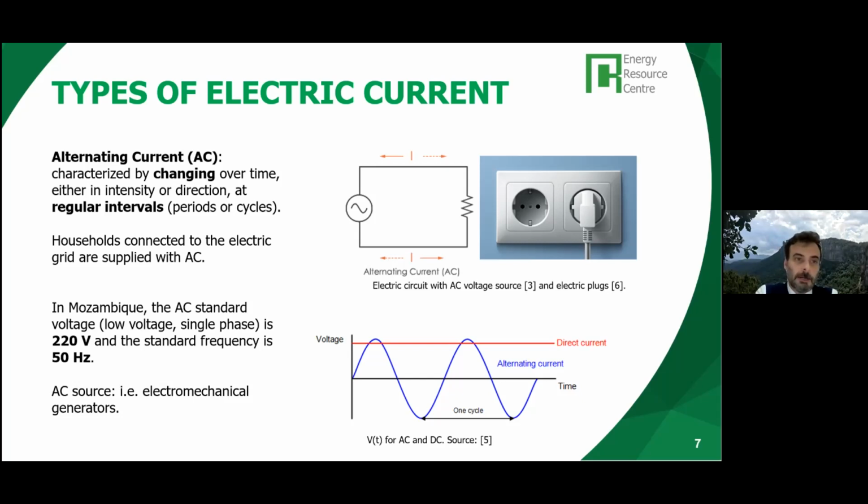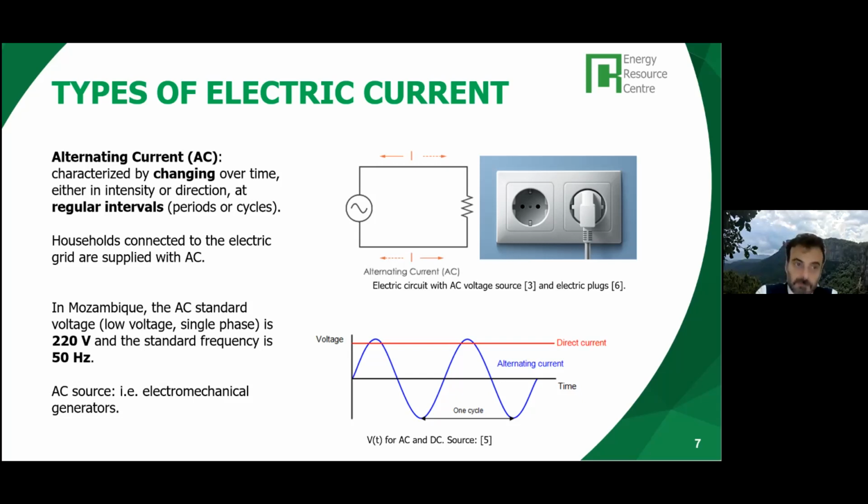Okay, most of our appliances are ready to work, to operate with alternating current, AC, as opposed to direct current, DC.